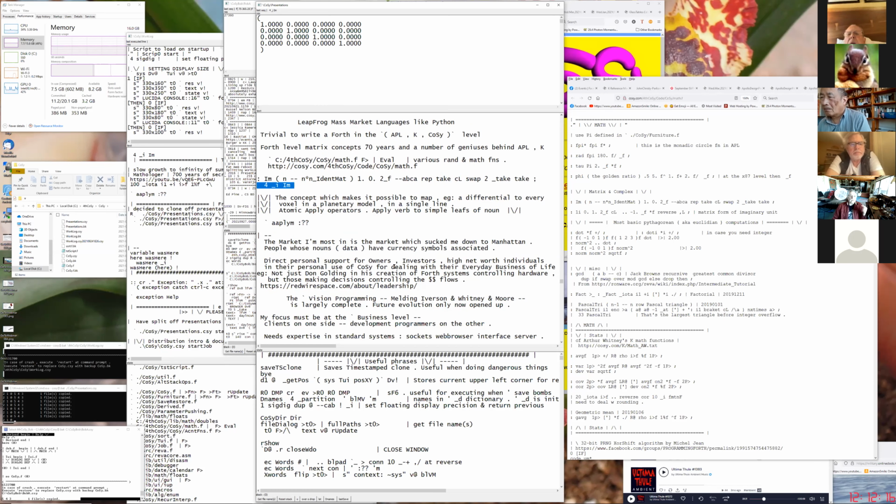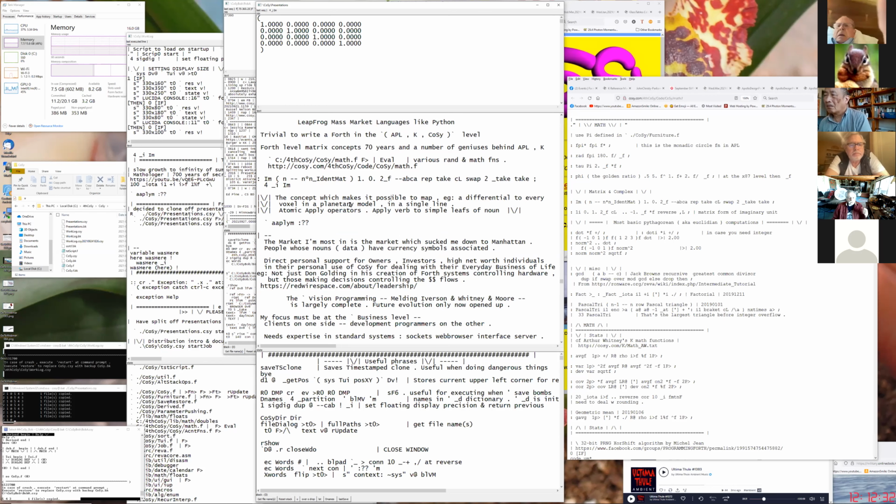So that's one of the things: even this text that you're looking at is actually a node in a list that follows exactly the same rules as any numeric lists.